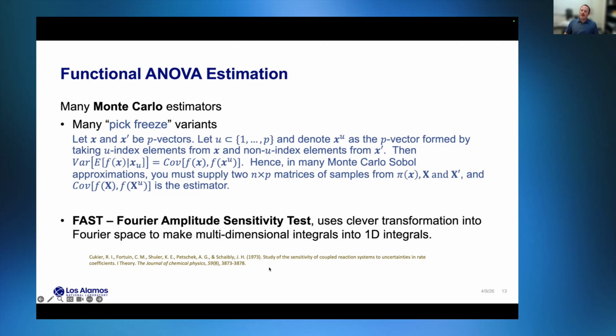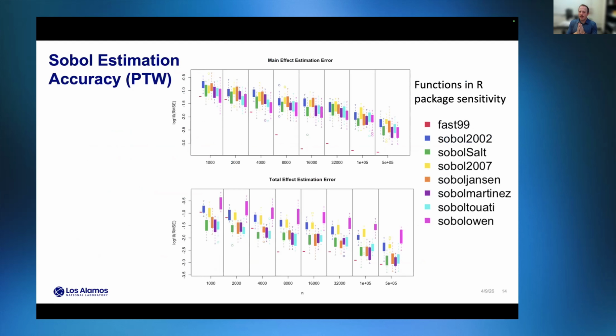All right, so for PTW, let's say I do this with PTW and I have to decide how many model runs I'm going to go after. This is showing, from a collection of methods that are available as functions in the R package sensitivity, the error in our sensitivity indices. So the y-axis is error in the sensitivity indices, the Sobol indices, in log 10 RMSE.